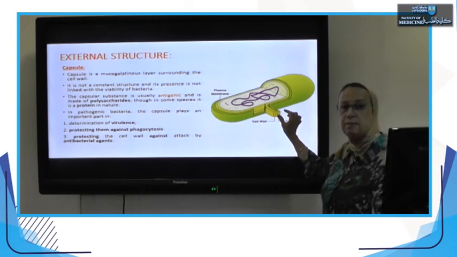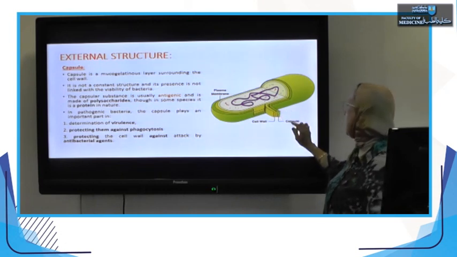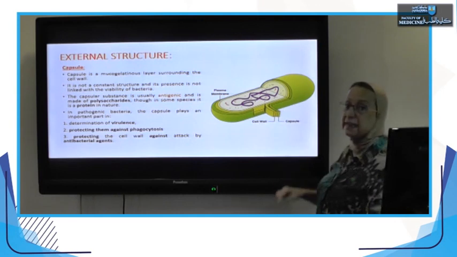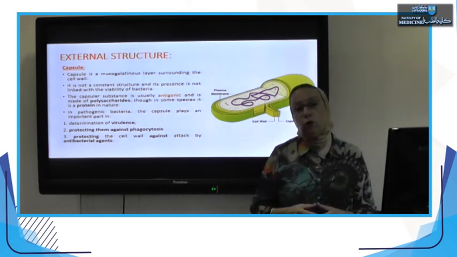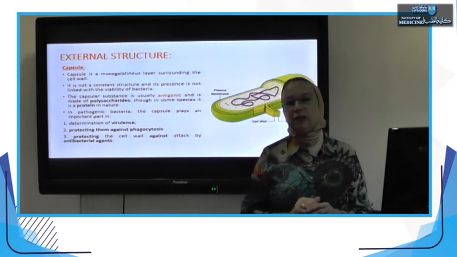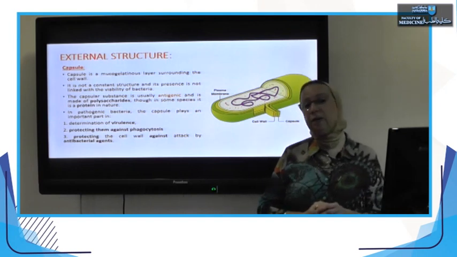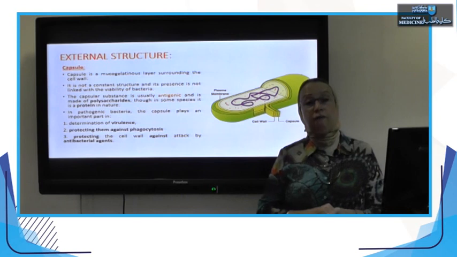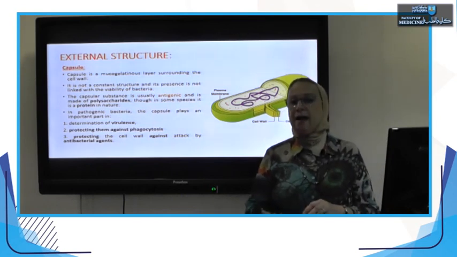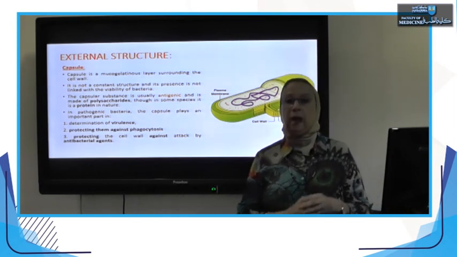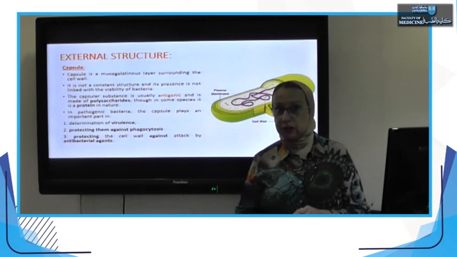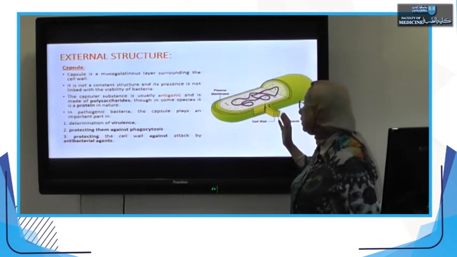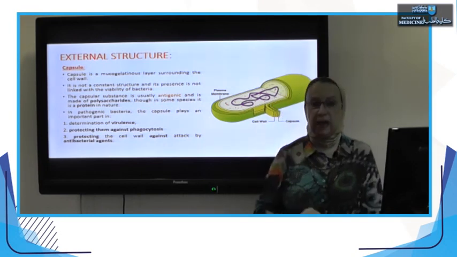The outermost part is the capsule, which is present in only some bacteria, the encapsulated bacteria. It is a muco-gelatinous layer. It consists of polysaccharides, and these are antigenic, of different types of antigens.